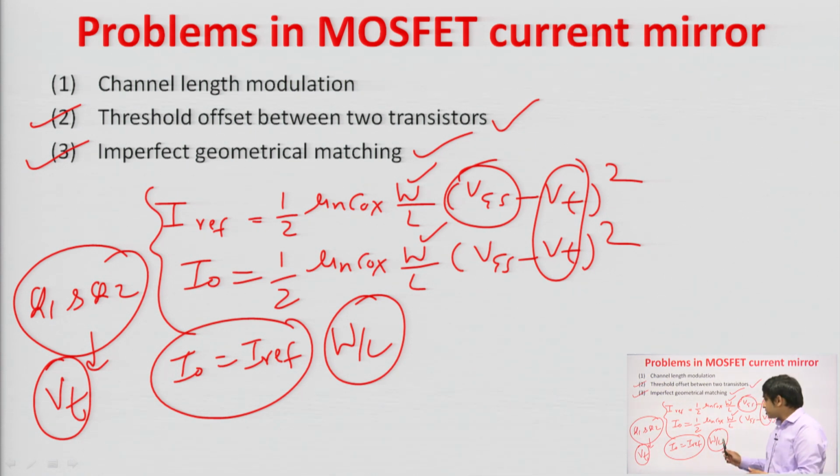If the W by L ratio is very large in comparison with the typical variations during fabrication, then this effect can be minimized. But again, if W by L is more, current will be more, and power consumption will be more. These are the practical issues which happen in the fabrication laboratory, but the channel length modulation effect we can minimize using some advanced current mirrors available in the literature.